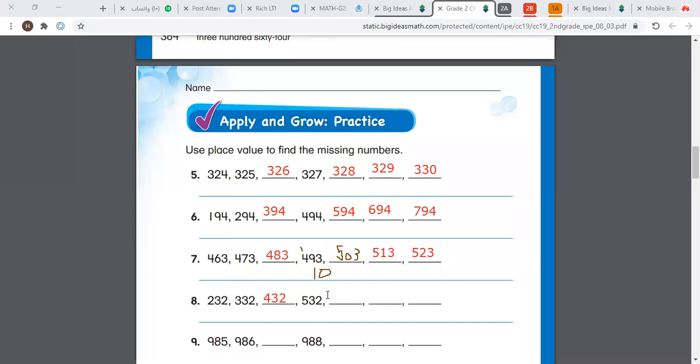What's after 532? 632. Yes. What's after 632? 732. After 732, 832. Okay, thank you, Muhammad Sayyid.